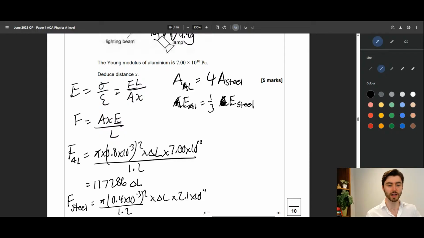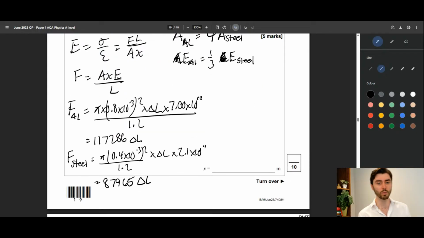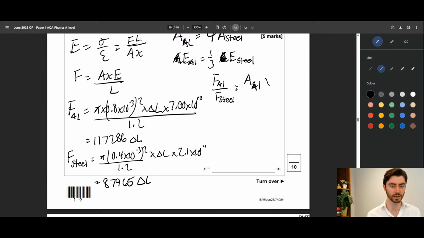So you can also compare the forces that way. We can consider F of the aluminium over F of the steel as being A of the aluminium times the extension, which is the same, times the Young's modulus of the aluminium, all over the length, which is the same.